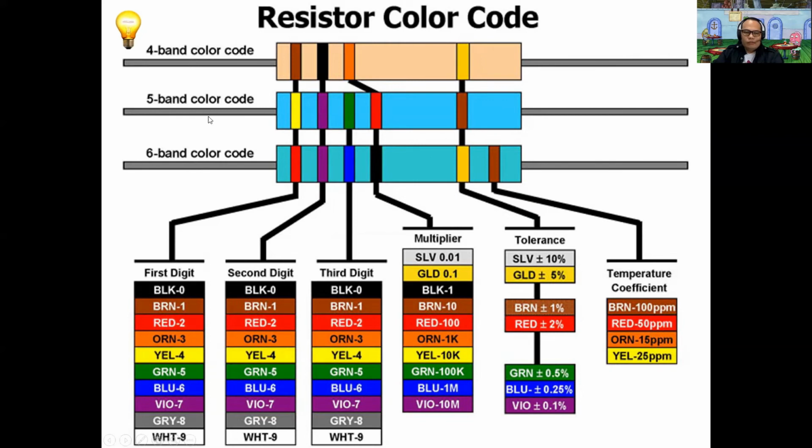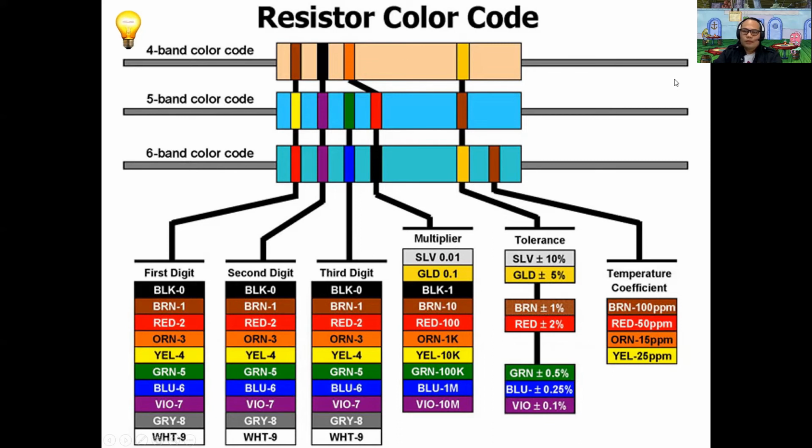The fourth strip for the 5-band and 6-band resistors is counted as the multiplier. The fourth strip of a 4-band resistor, the fifth strip of a 5-band resistor, and the fifth strip of a 6-band resistor is counted as tolerance. And the 6-band resistor has a special temperature coefficient band. The most used resistors in electronic and electrical circuits are usually the 4-band color code.